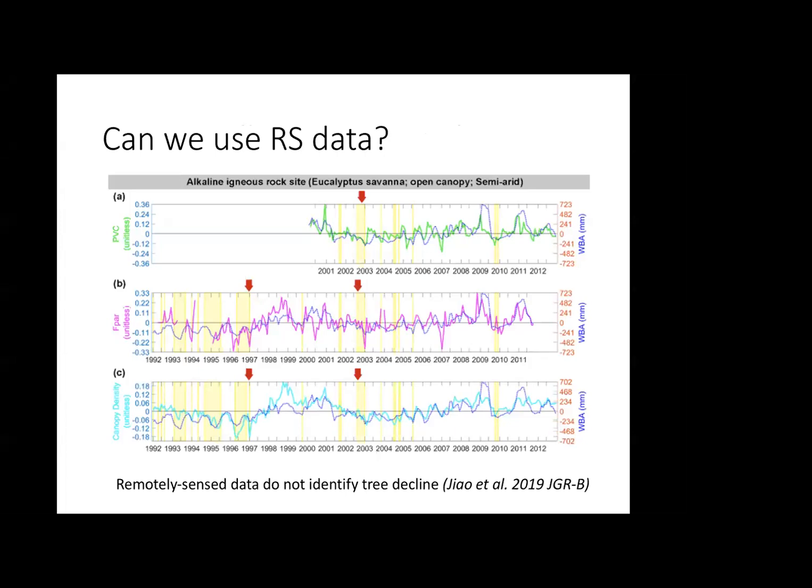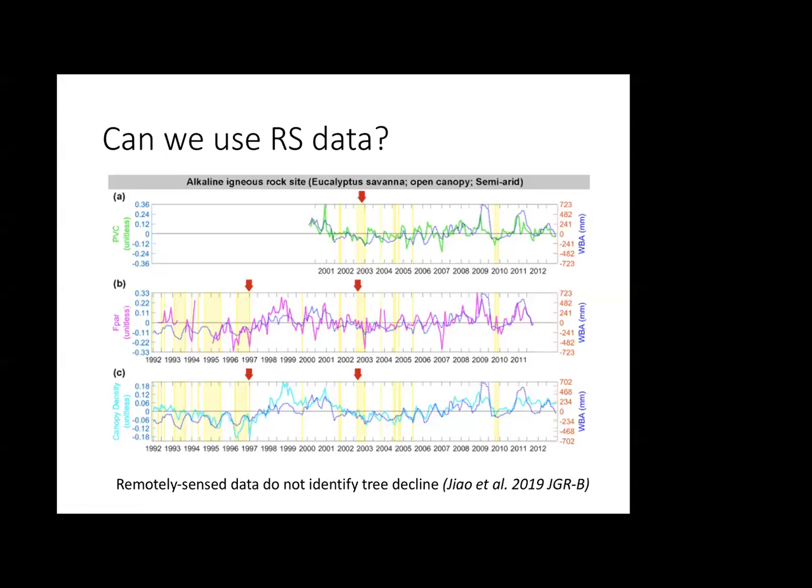So this is work done by a PhD student from Clark University in the US, Tong Zhao, where she looked at several different indicators from the remotely sensed record, including FPAR and the vegetation optical density, and tried to see whether she could match excursions of anomalies of those indicators with observations of tree death, the handful of observations of tree death that we had.